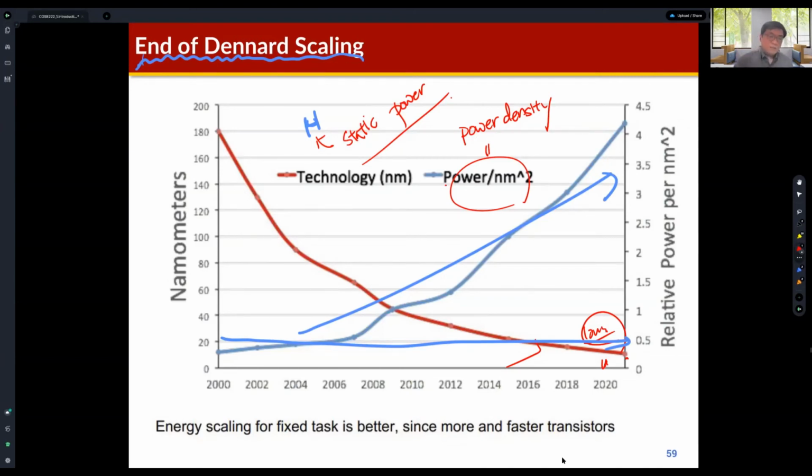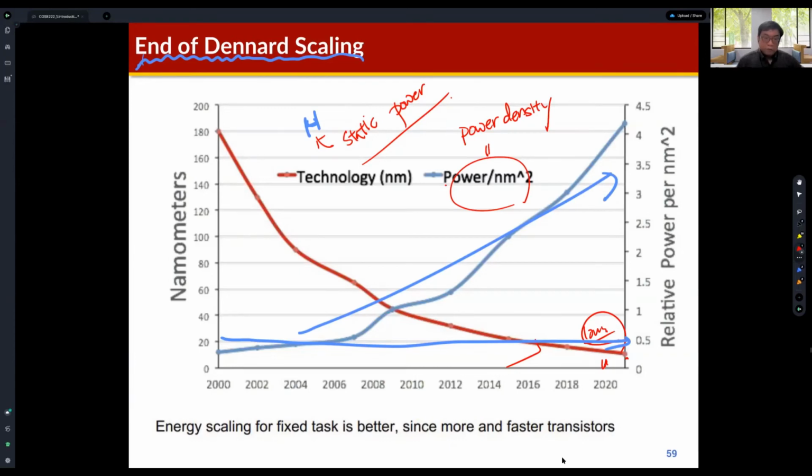Because of this static power, the power density is not maintained. That means in the same area, much more power is consumed by a CPU. I said power consumption is very critical because this is the cost of a computer system.